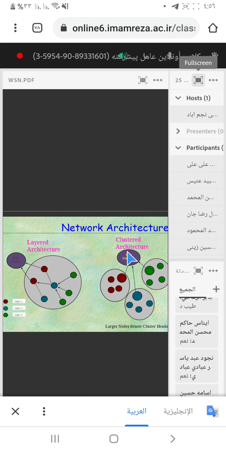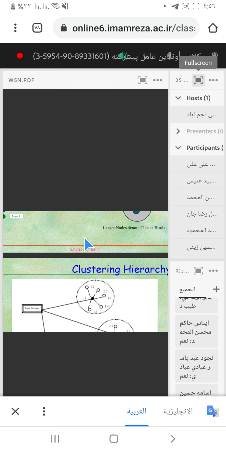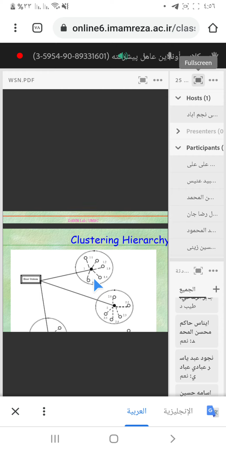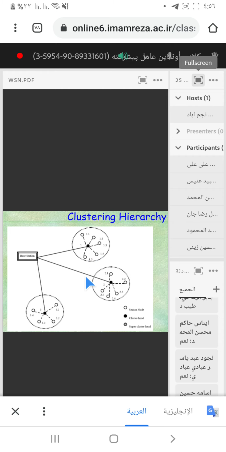Okay, clustering hierarchy in this figure. Again, you can see three clusters, cluster 1, cluster 2, and cluster 3, and some nodes are cluster heads, and the cluster head can send the information to the base station.